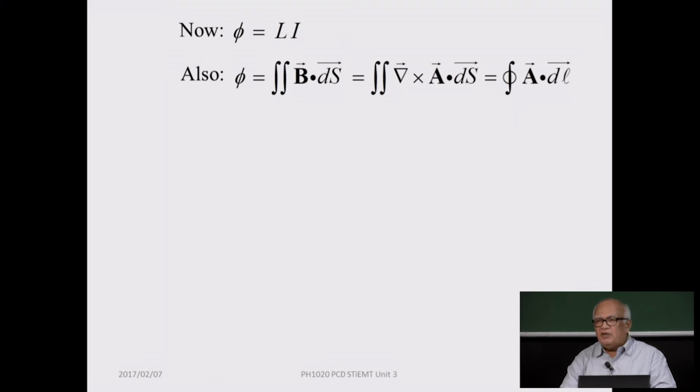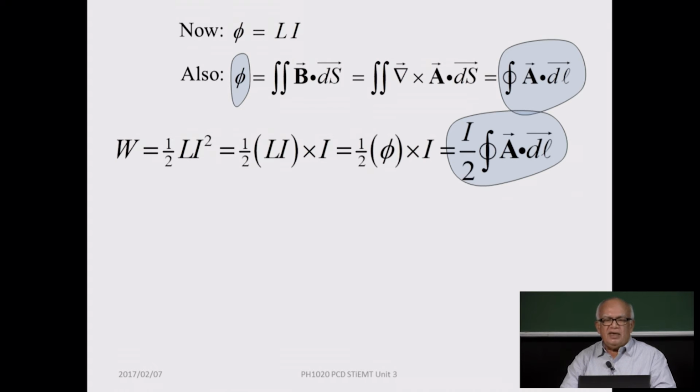The flux is the surface integral of the magnetic field B. So, you can equate the two and you see that the work done, which we knew was half L I square, is given by half phi I. This flux we can write in terms of the integral A dot dl, because the surface integral of curl of A is nothing but the line integral of A, where we have used the Kelvin-Stokes theorem.